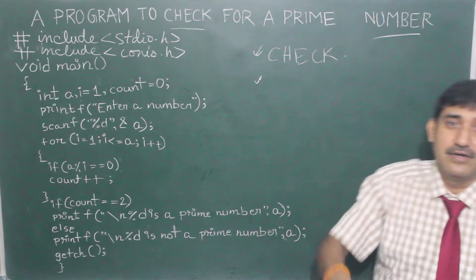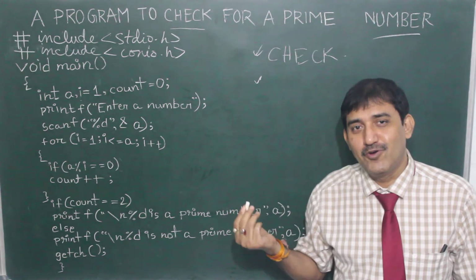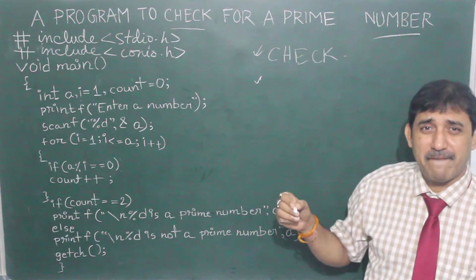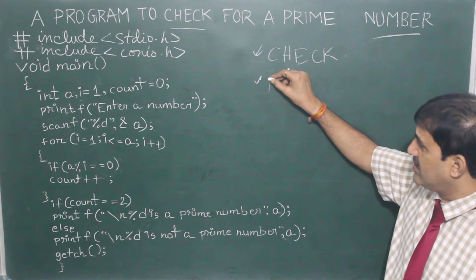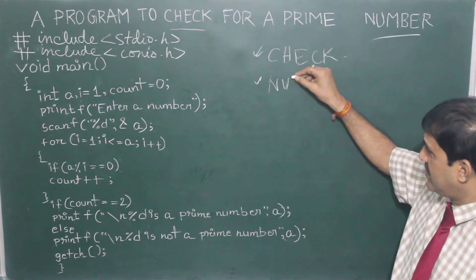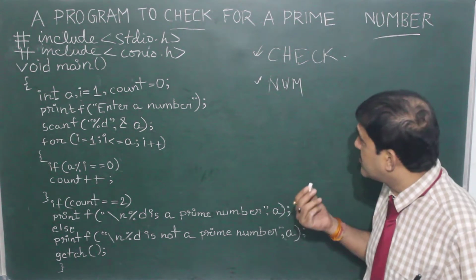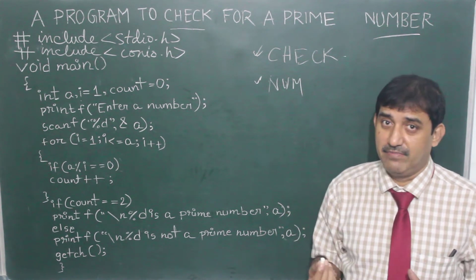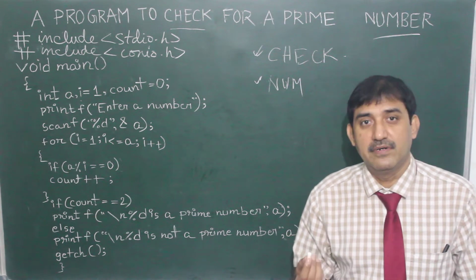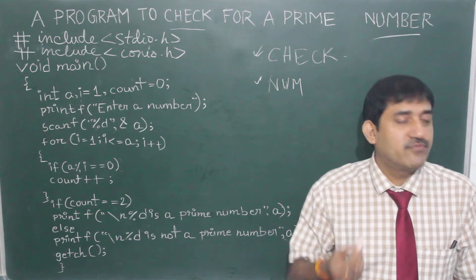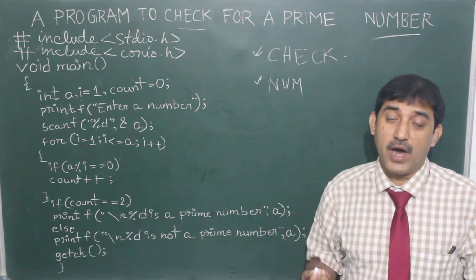So the number is here. Whether the number is prime or not, what is the condition of a prime number? A prime number is a number which is divisible by 1 and the number itself.